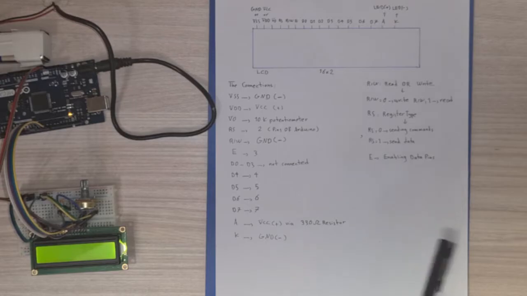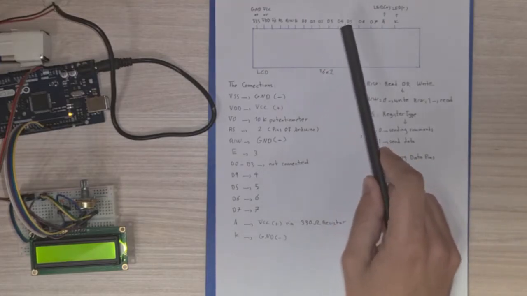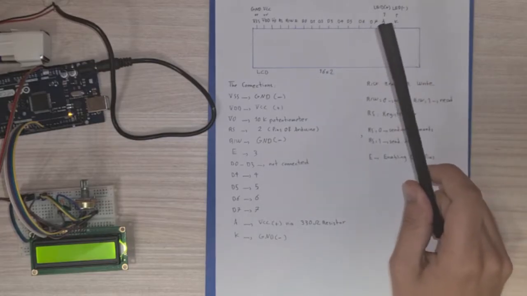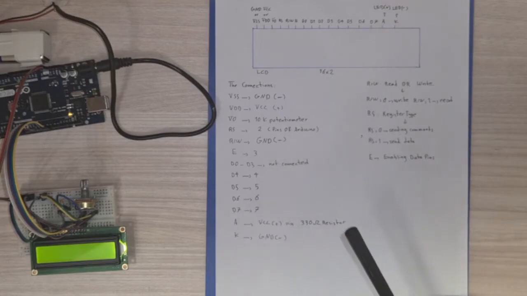Fewer pins is so useful for us. So I just said it's better to use a 4 data pin bus. So D0 to D3 are not connected, and we just connect D4 to D7 to pins of Arduino.